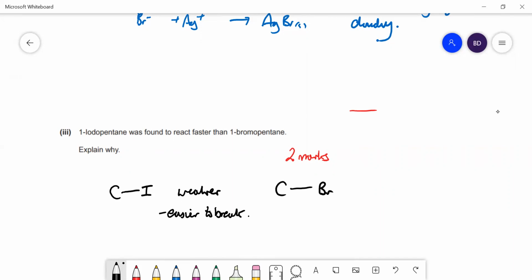That's 2 marks. You might need to say why it is weaker. It's weaker because it is a longer bond, because the iodine atom is bigger. That's going to be enough for 2 marks, I think.